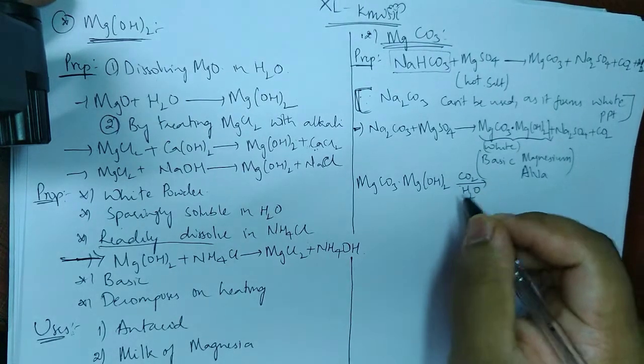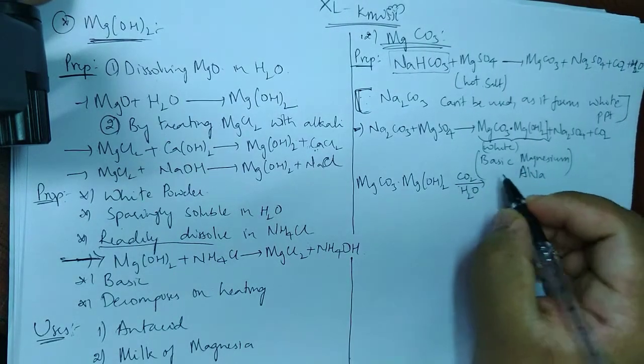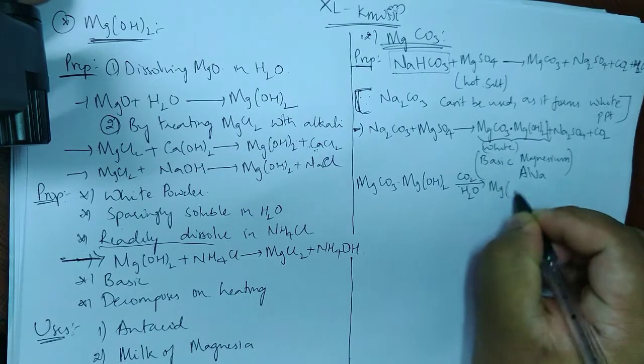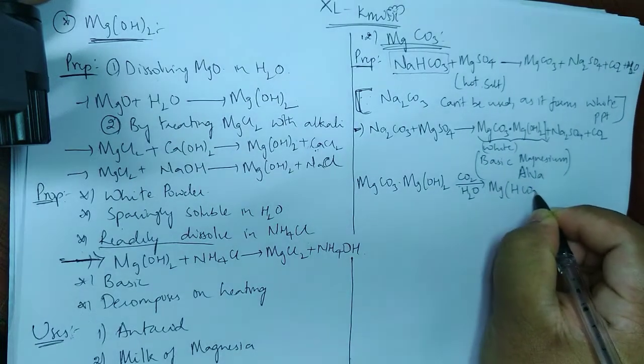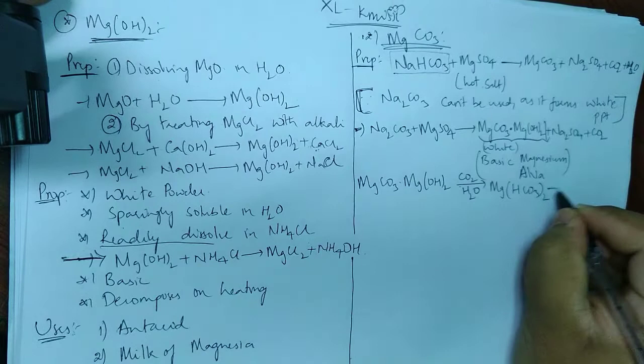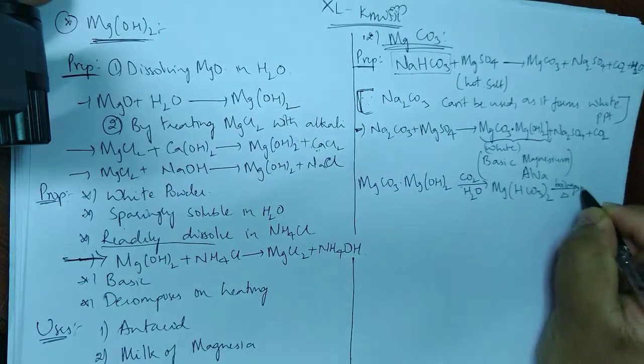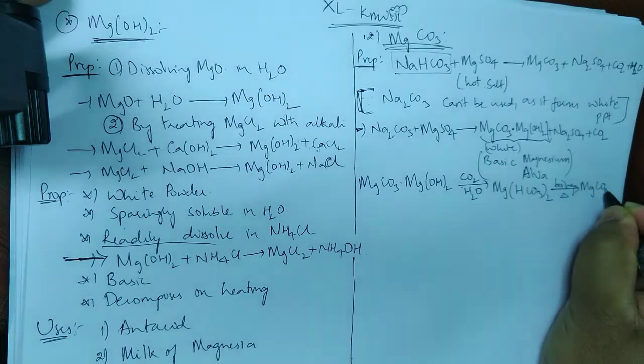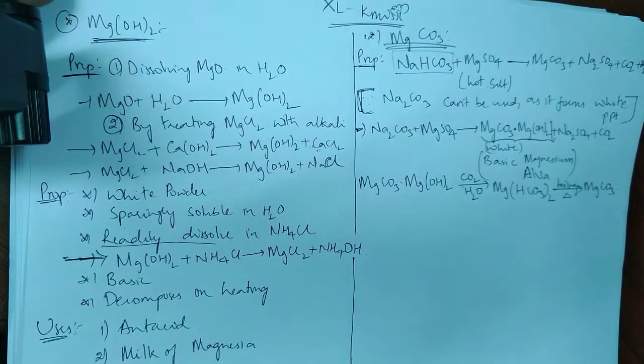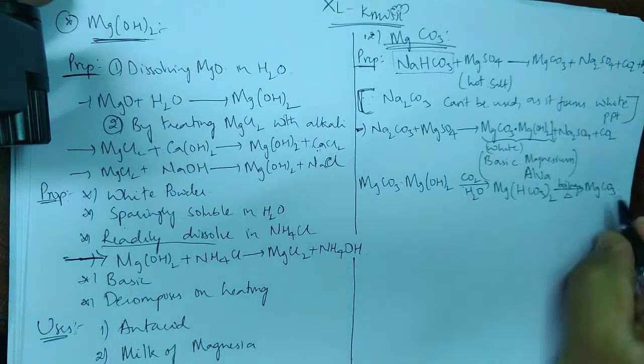When we heat it, it will further form magnesium bicarbonate, which on boiling will form magnesium carbonate, plus I also get carbon dioxide and water as usual.